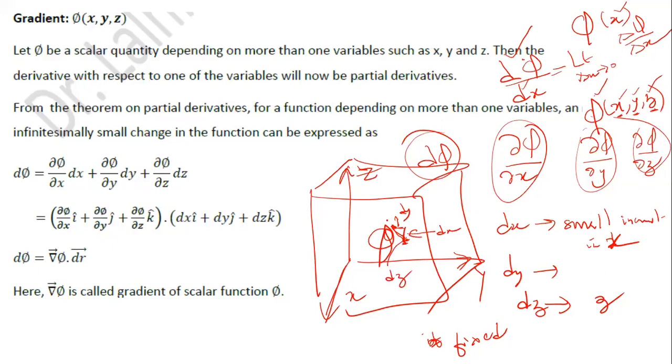So when you change the space variables by a small amount, dx, dy, and dz, then you can move phi from one location to another location.